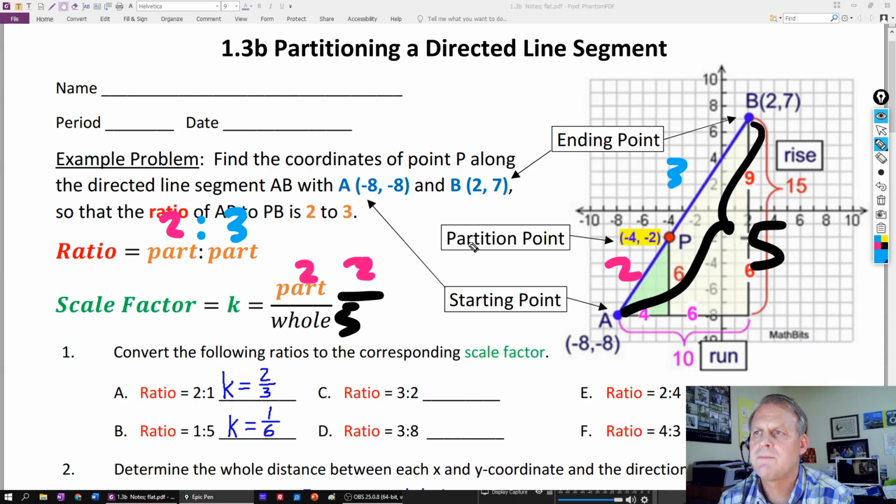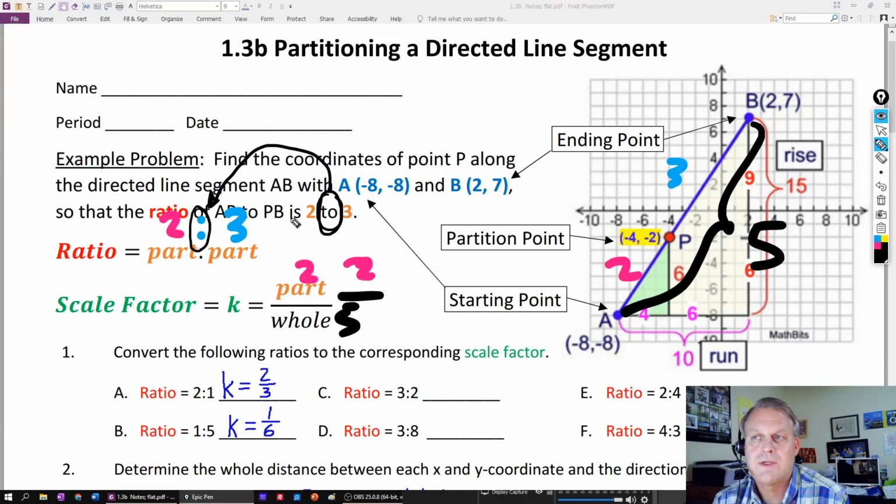Let me also mention that here we have the word "to" in the ratio 2 to 3, and we can convert that to a colon. So when you see this colon, think of that as the word "to."